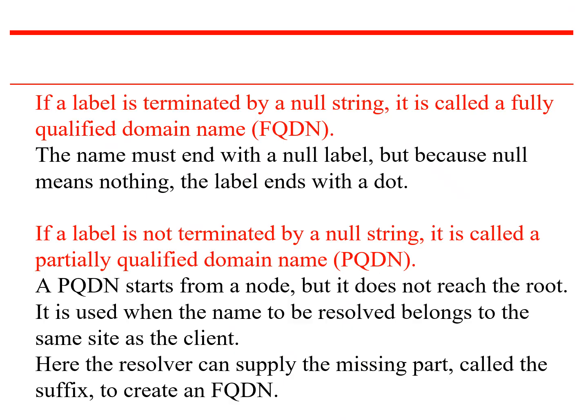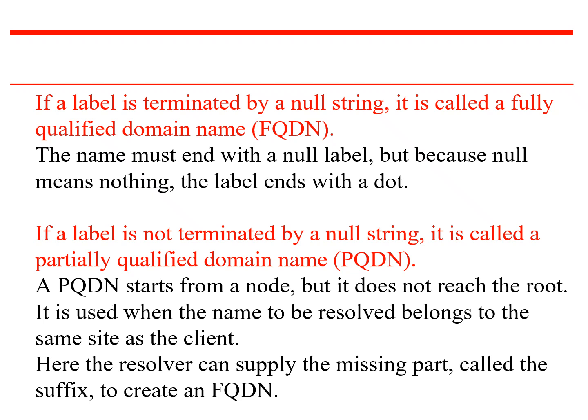Once you have understood that, you should be able to identify what a fully qualified domain name is and what a partially qualified domain name is. If a name is terminated by a null string, it is called a fully qualified domain name.